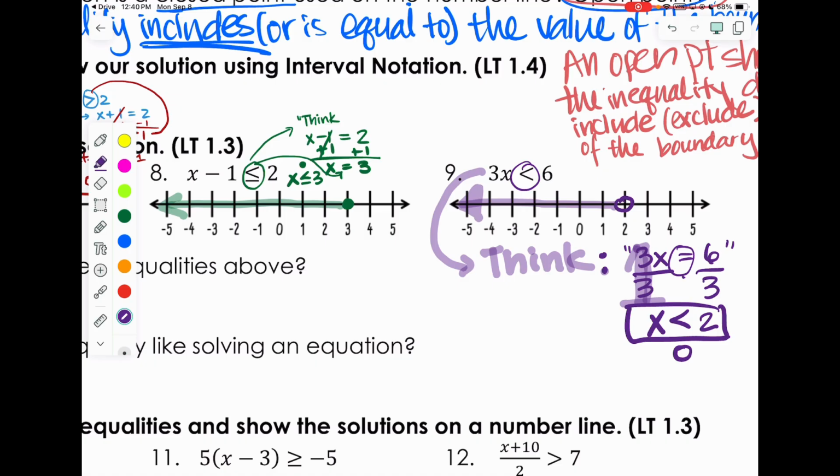Is 3 times negative 100, what is that? Negative 300, right? Is negative 300 less than 6? Yes. If I put a 3 in here, 3 times 3 is 9. Is 9 less than 6? No. So that's why this side doesn't have any values that work. Does that make sense? Okay.